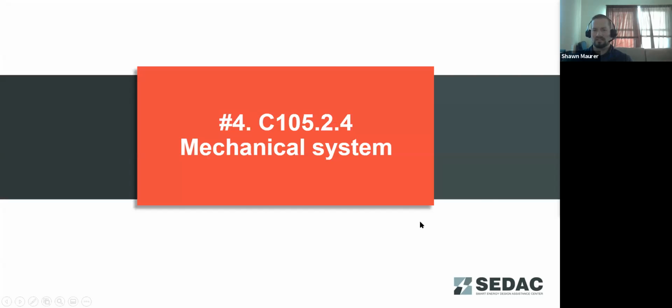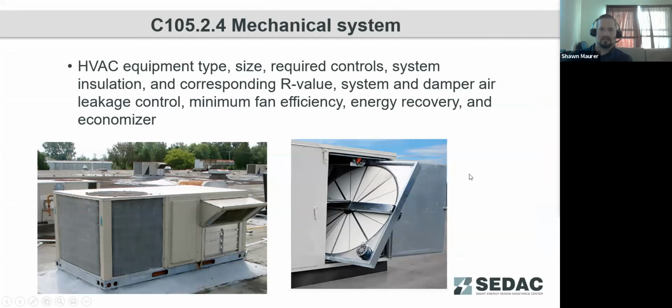Moving on to mechanical systems, there's a lot of things that need to be checked here just because the energy codes have continued to add more and more automation to the buildings to try to achieve higher and higher efficiencies with mechanical systems. So during the site inspection, you're going to be verifying that the equipment type matches the design, the size, capacity of that system matches the design, the efficiencies match the minimum requirements or better.